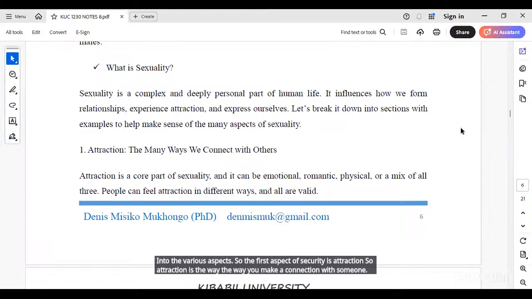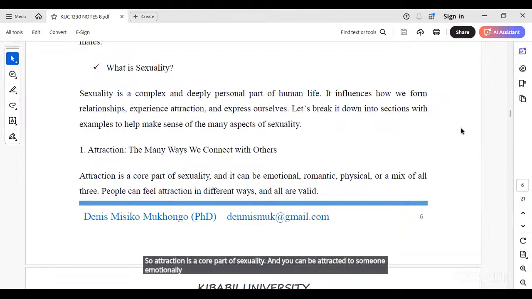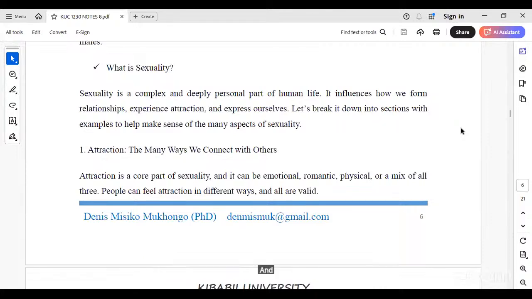Okay. So attraction is a core part of sexuality. And you can be attracted to someone emotionally, physically, or it can be a romantic attraction. At times, it can be all those three. Okay. So people can feel attraction in different ways, and still, that is all valid.